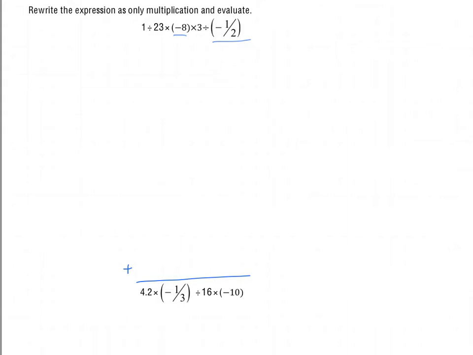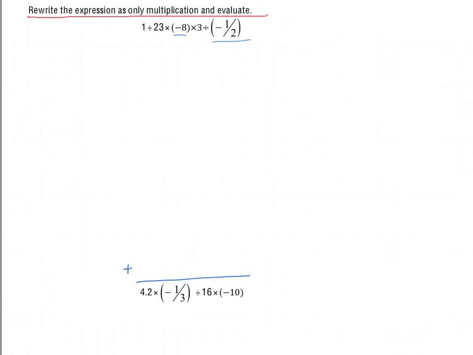I also want to call your attention to this first problem. This says that we need to rewrite the expression as a multiplication and then evaluate. So when we think about all of our rules, commutative property, associative property, and about wanting to leave our answer as a fraction, then we definitely want to leave as much of this as possible as a fraction.